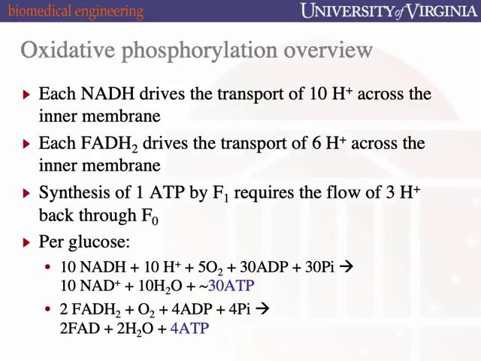FADH2, we can do the same thing. Recall you have 6 times 2 is 12, and then just for ease, we're going to divide that 12 by 3 and get 4.